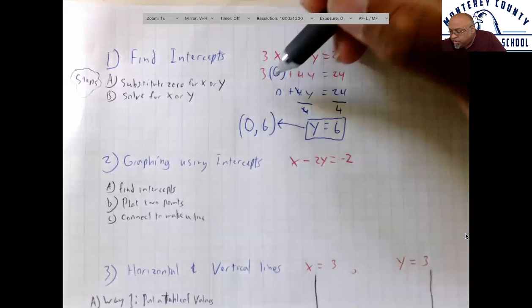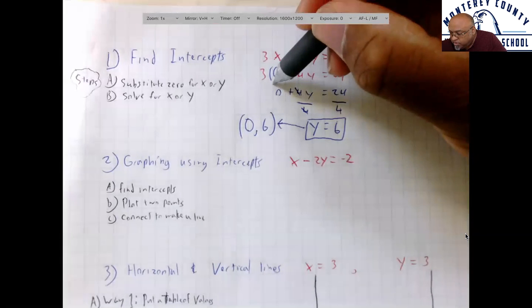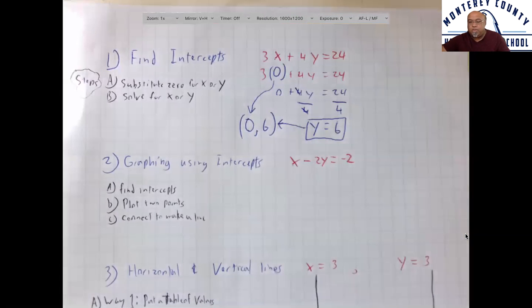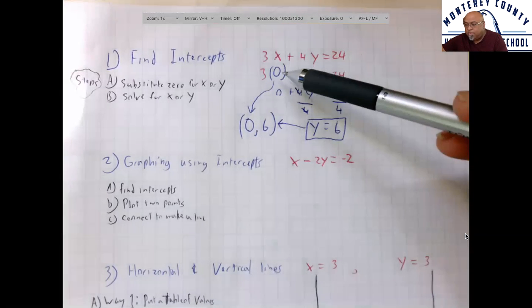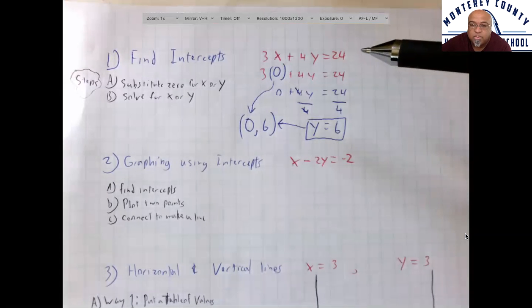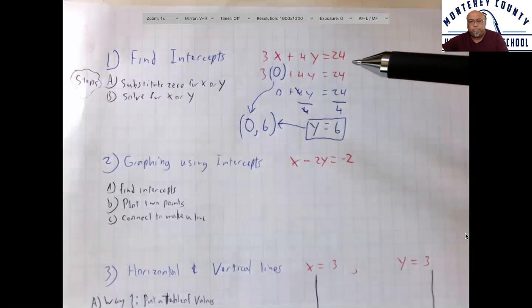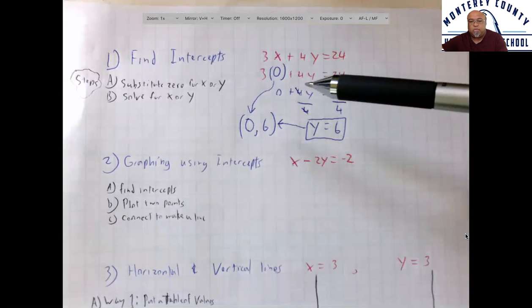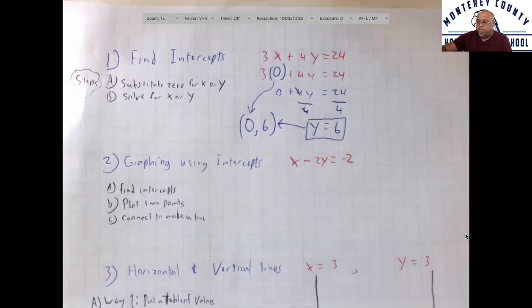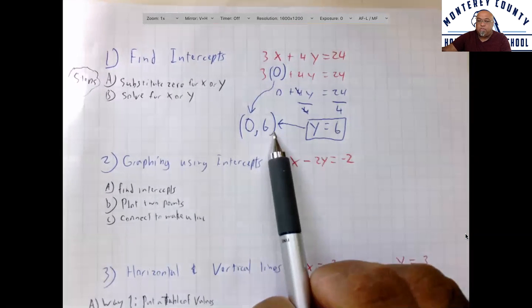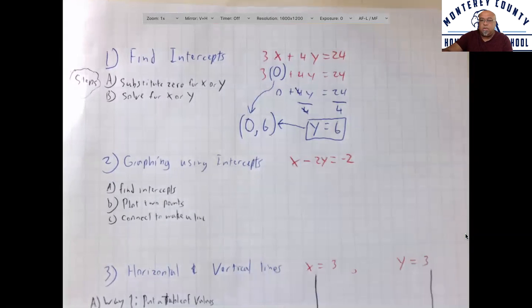I substituted 0 for x, so I know that at the intercept of the y-axis, my x value will be 0. So given that my x value is 0, I can solve to find out that my y value, in this case, would be 6.